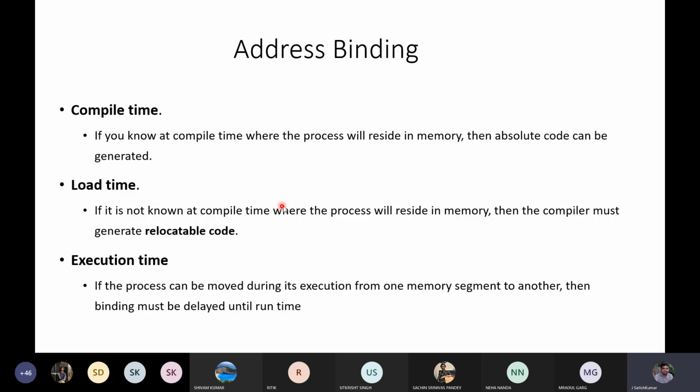When this is not happening, and absolute code is not generated by the compiler, then the compiler must generate a relocatable code. Then in execution time, the process should be moved from one memory segment to another, and binding will be delayed until runtime.